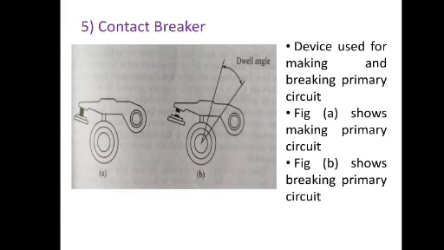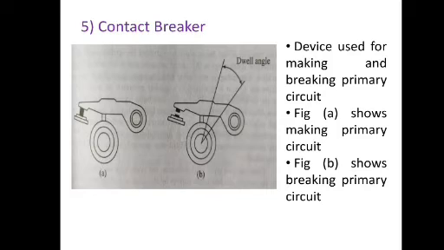Then the fifth one is the contact breaker. This is a mechanical device for making and breaking the primary circuit of the ignition coil. It consists of a fixed metal point against which another metal point bears, which is on a spring loaded pivoted arm.